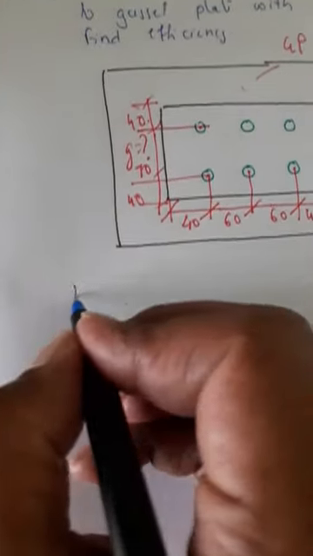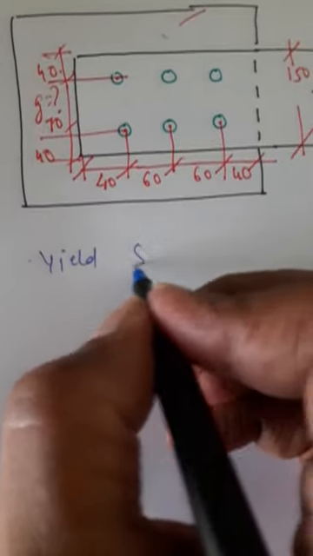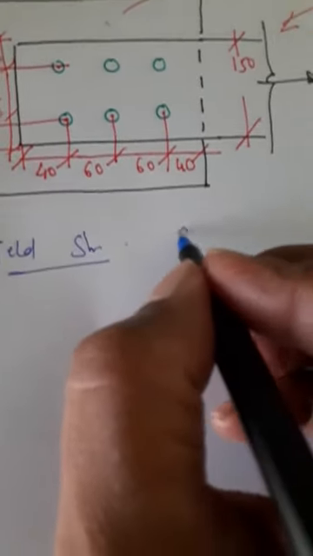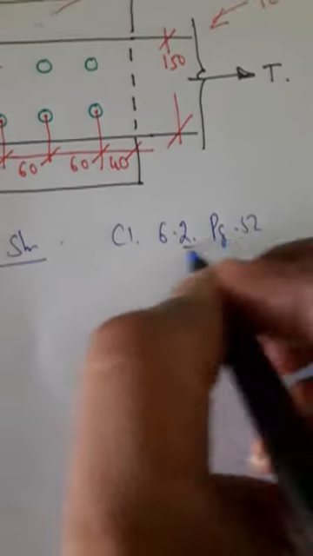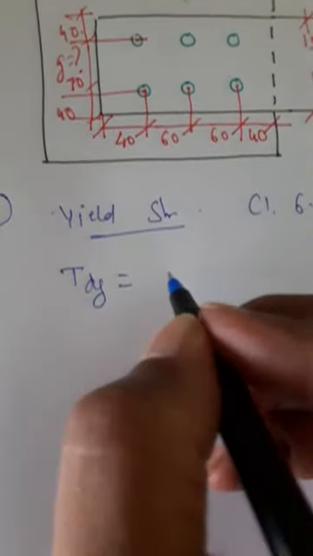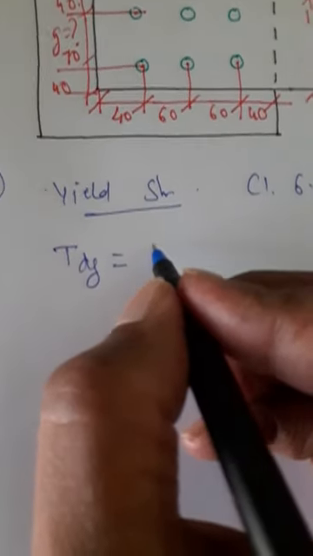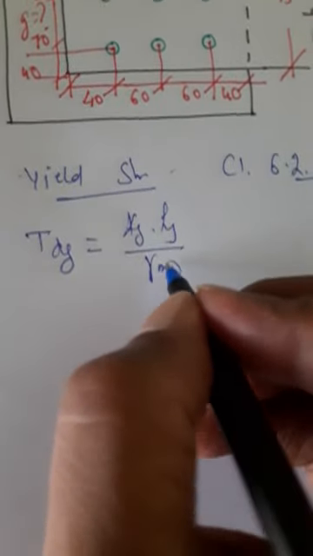Now we'll start with the analysis. So first, yield strength. It is given in clause 6.2, page 32. The equation is TDG is equal to AG FY by gamma m naught.